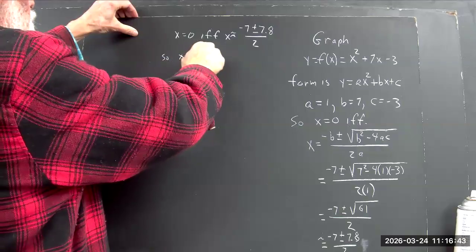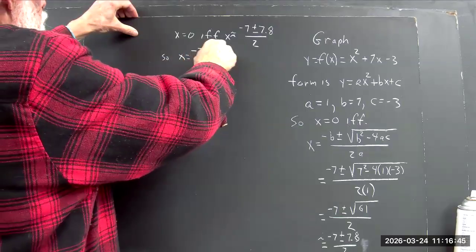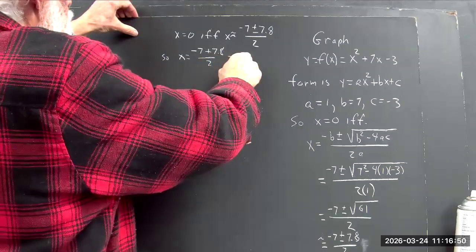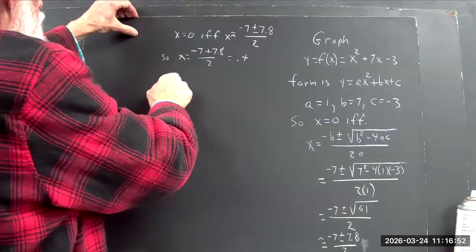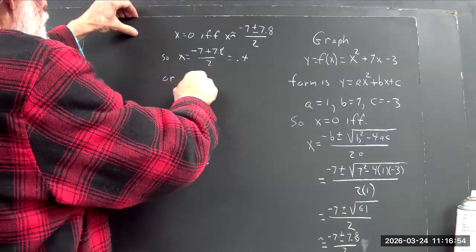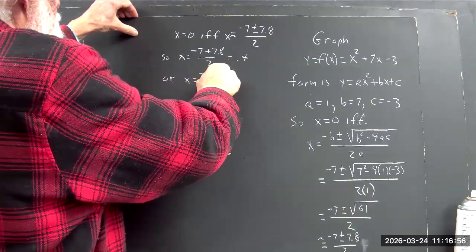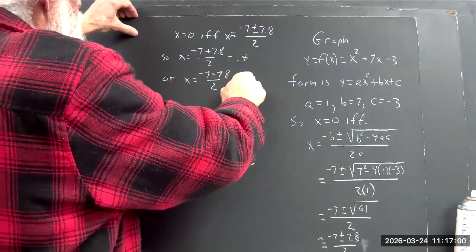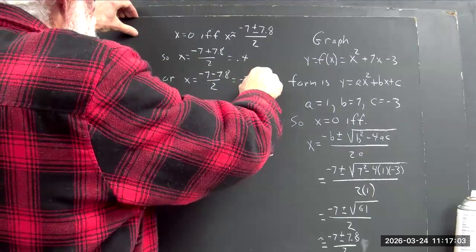So x equals -7 plus 7.8 over 2 equals 0.4, or x equals -7 minus 7.8 over 2 equals -7.4.